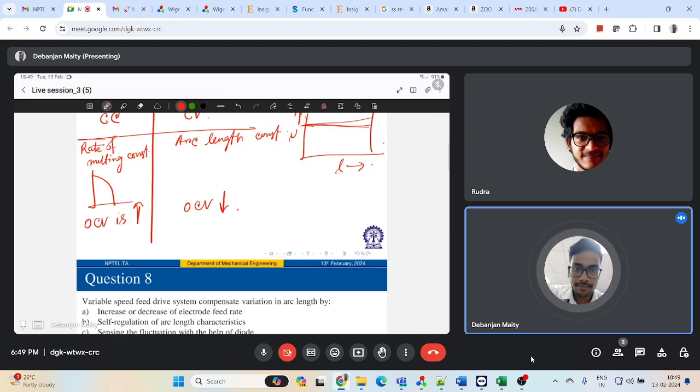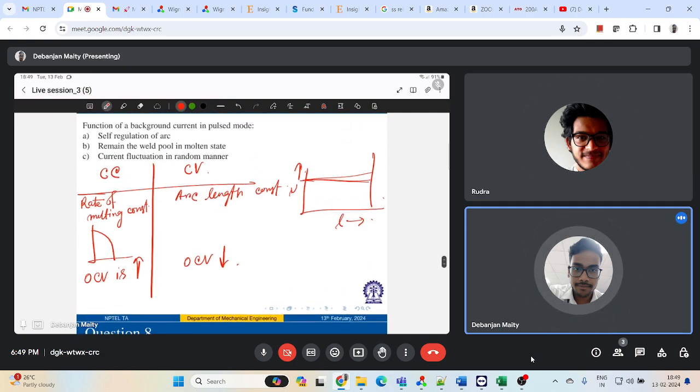Now let us consider two different characteristics of power source, coming to the explanation part.